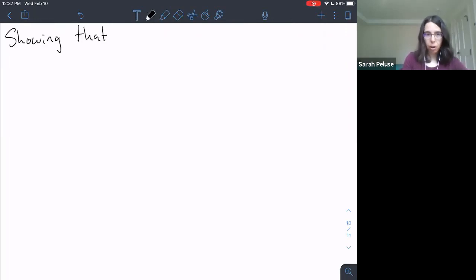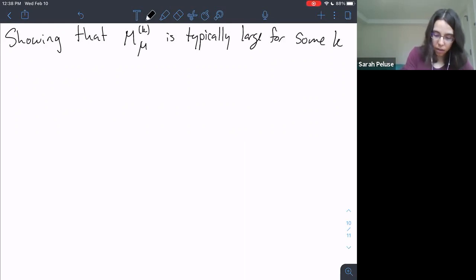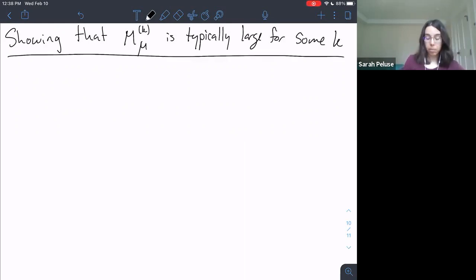So now things boil down to showing that the statistic is typically large. The strategy is different when p is 2 versus when p is a larger prime.